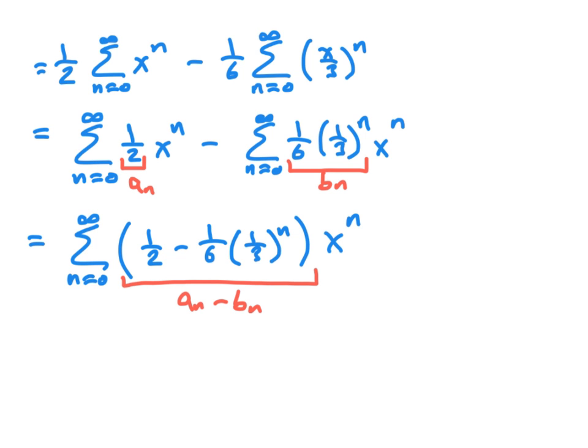And so here we have a single series representation. Our coefficient is the number 1/2 minus 1/6 times 1/3 to the n, and we multiply that coefficient by x to the n. And this is our power series representation for the function that we started with, f of x.